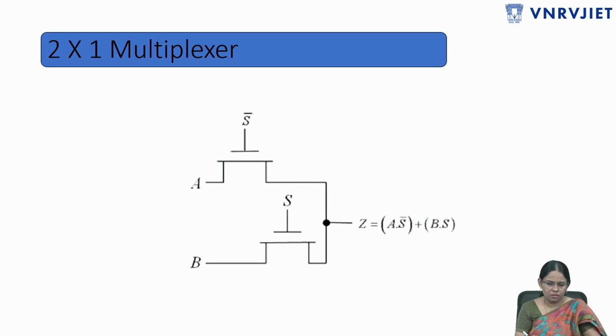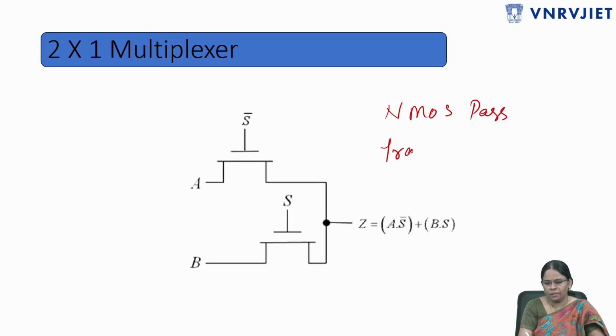Similarly, this is one more example of NMOS pass transistor logic for a multiplexer. So for the multiplexer, we are considering the control signal as S. If S equals to 1, output is B. If S equals to 0, output is A. Why?